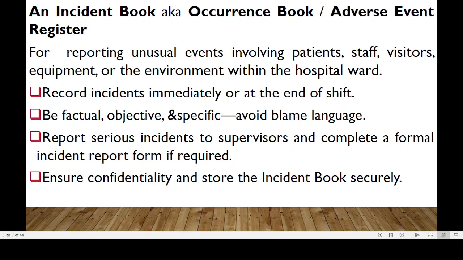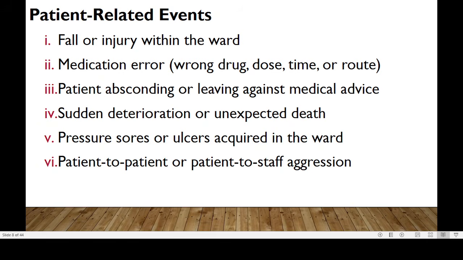Number one, you need to record all the incidents immediately they happen or at the end of your shift. When recording, you need to be factual, objective, and specific, and avoid blame language. You only report serious incidents to supervisors and complete a formal incidents report form if required. Throughout this, you ensure confidentiality and you store the incidents book securely.